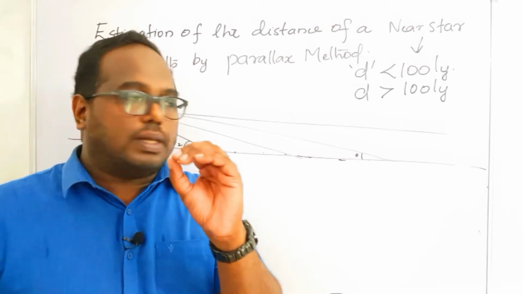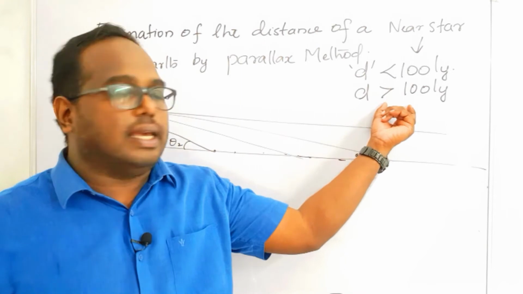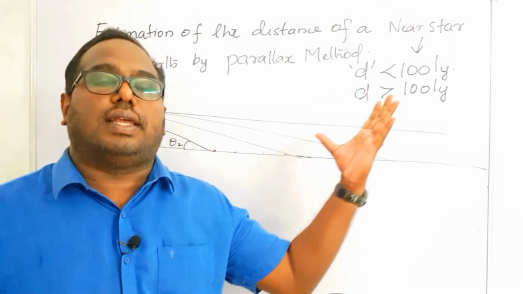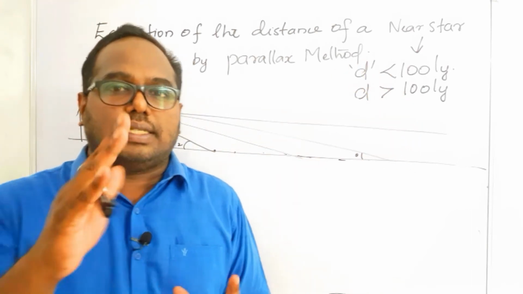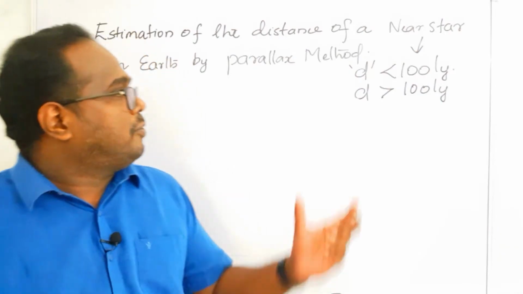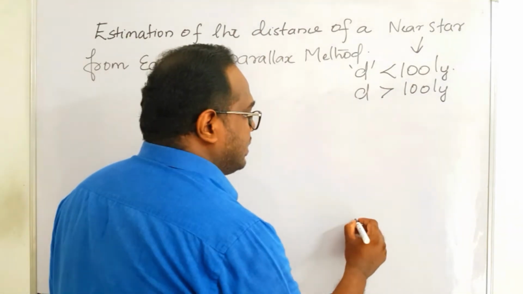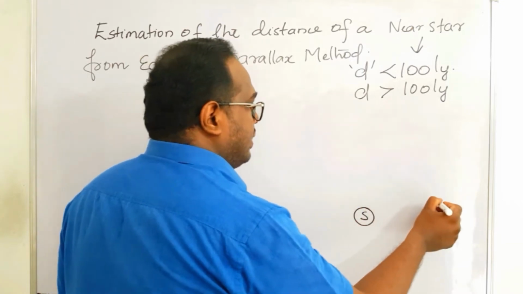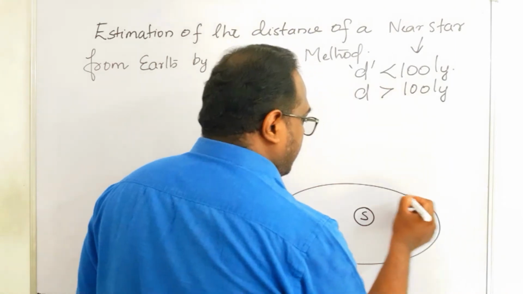Okay, the actual method is we compare the rays of that far away star and a nearby star. Then we will use the parallax method to find the distance between the near star and Earth. Okay, this is how it is done. So to do that, consider this is Sun and Earth is revolving around Sun in an elliptical path, right?